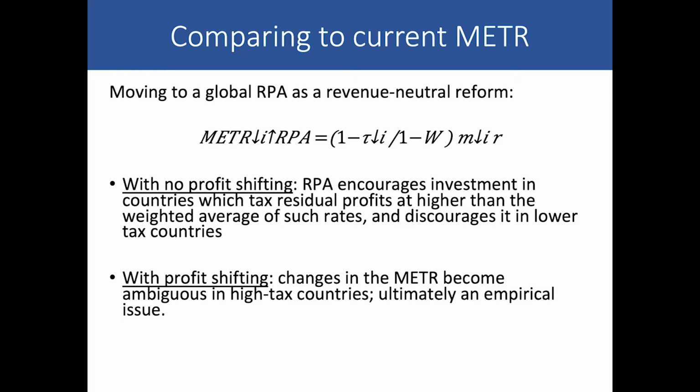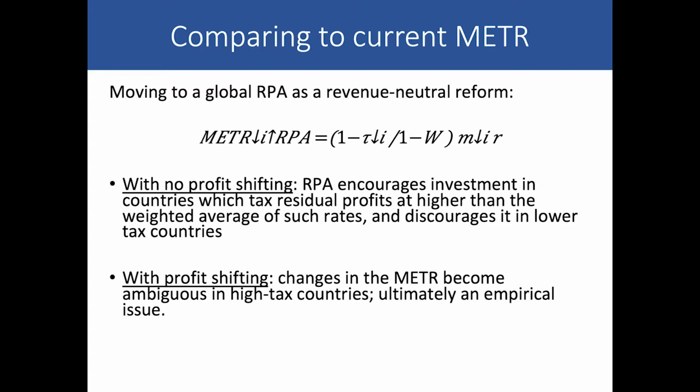How do we think it's higher or lower compared to the current system? The model also gives us some insights relating the METR under RPA and the standard effective tax rate under the current system by a really nice formula. I'll just tell you what this formula says in words. If you ignore profit shifting for a moment, then the METR is basically the standard cost of capital under separate accounting.